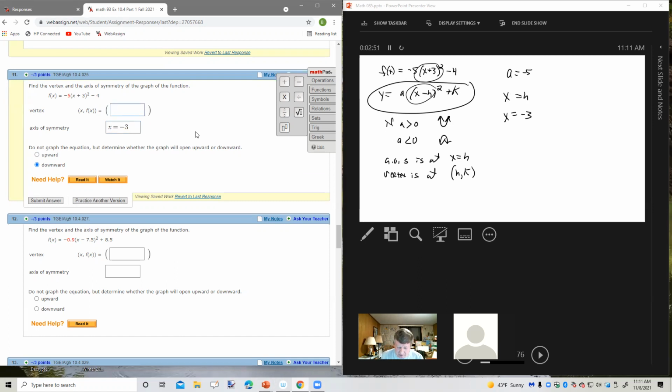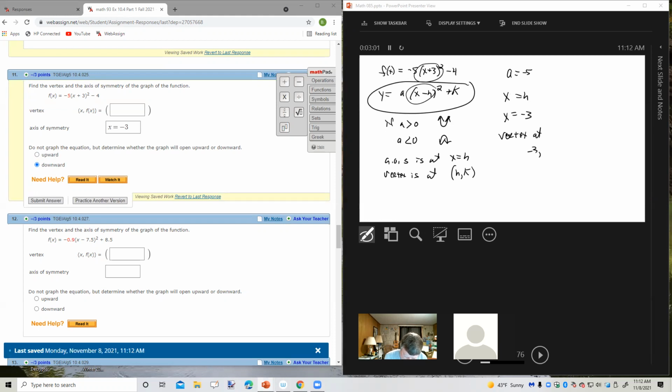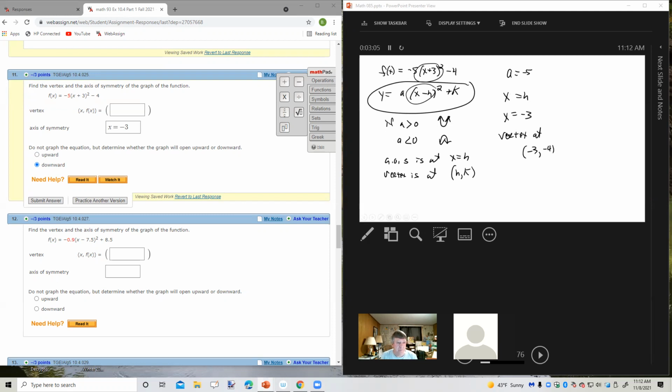Now, the vertex is at (h, k). So the vertex is at (-3, -4).